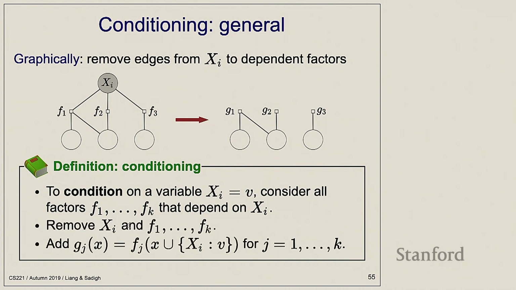This is the big difference: in forward propagation, we were keeping the existing graph and just propagating our decisions to reduce domains, whereas now we're literally removing this variable and the factors with it, and then adding new factors that are preloaded.